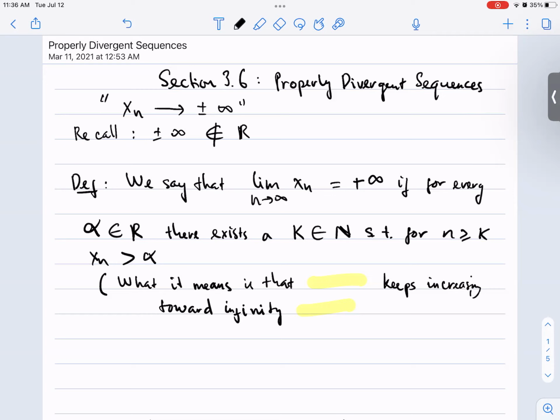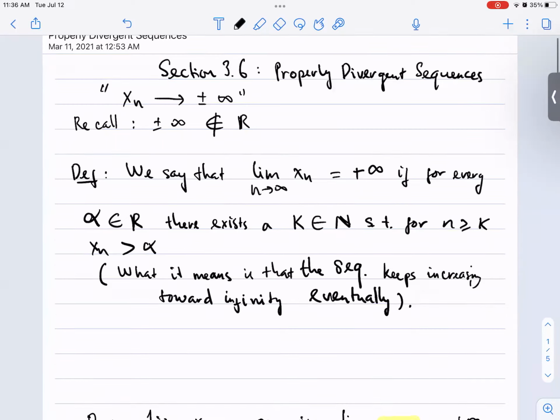What it means is that the sequence keeps increasing towards infinity eventually. In other words, this is also behavior at infinity.